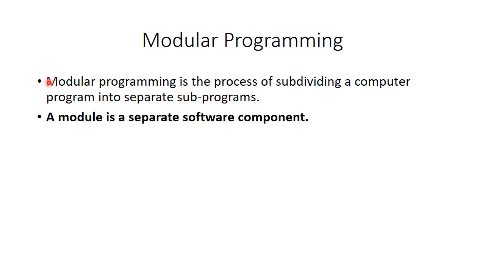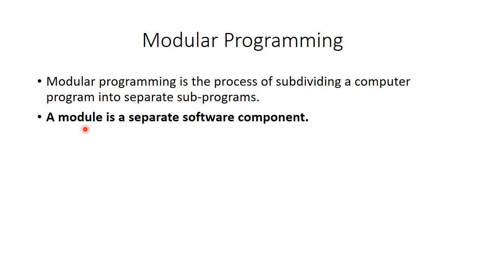So you have to study this definition: modular programming is a process of subdividing a computer program into separate subprograms, each of these subprograms is known as a module, and a module is a separate software component. We will see the meaning of this sentence in the upcoming slides.